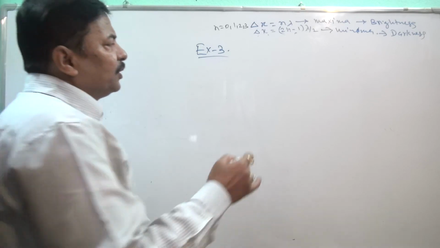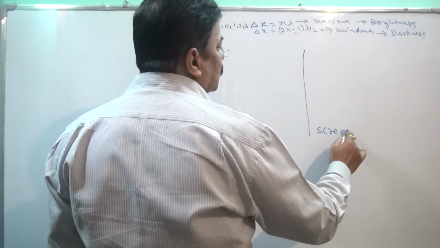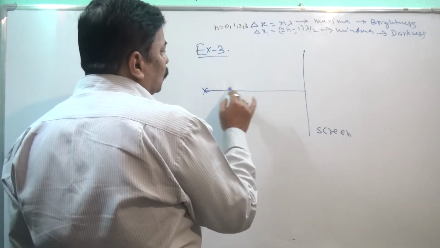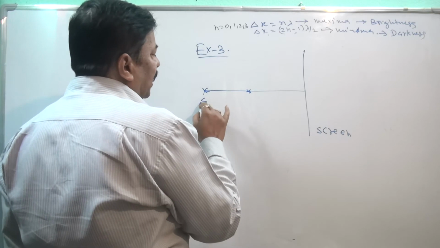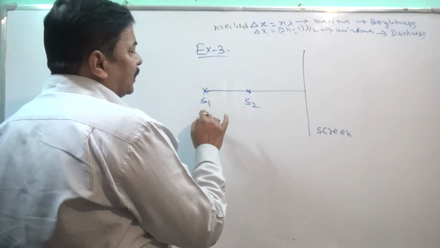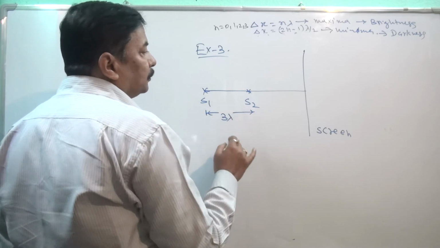In this question, suppose here is the screen and here are two sources, S1 and S2, coherent sources, and this separation is 3 lambda.